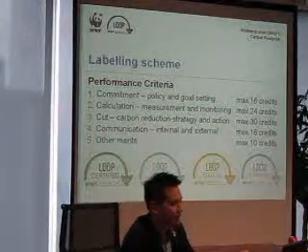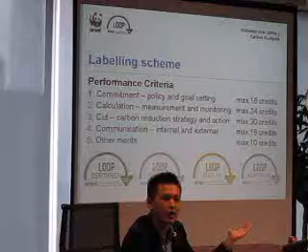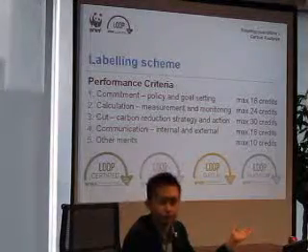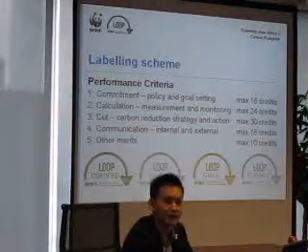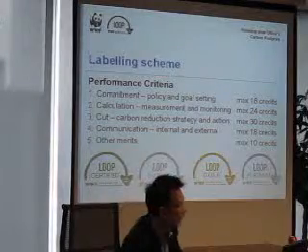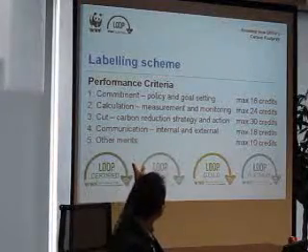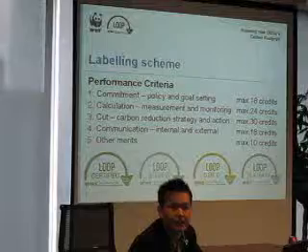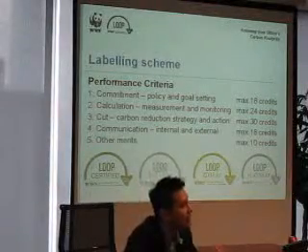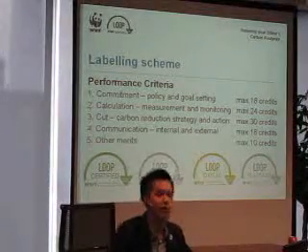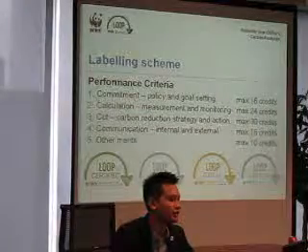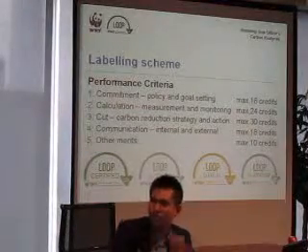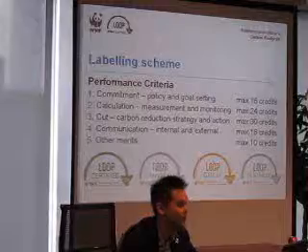So the labeling scheme, as I mentioned, we score. We have an independent third-party verifier come during the month of August and look at not only how much carbon emissions you can cut, but also the more comprehensive infrastructure. Has MGPA already got a policy, and very good communication channels to let staff know about the carbon performance?